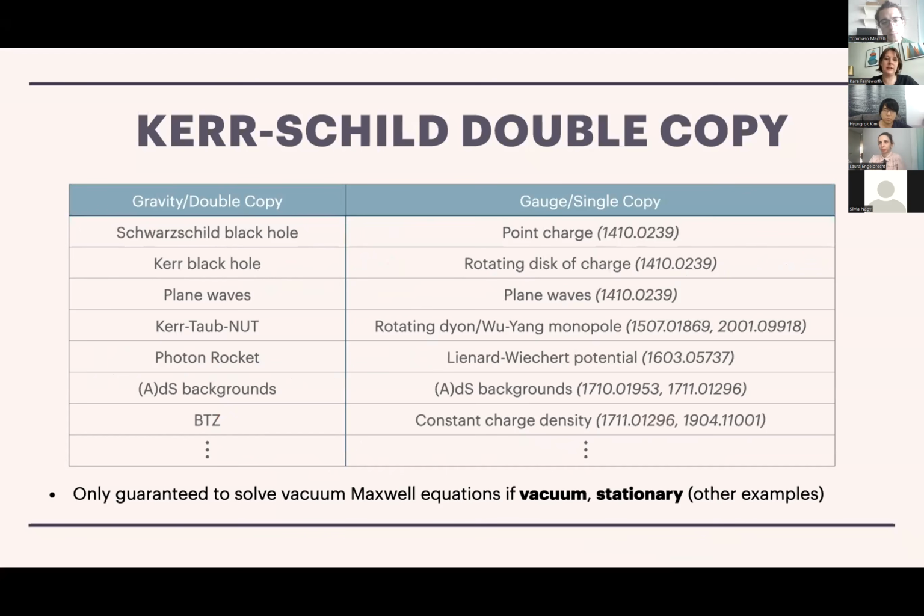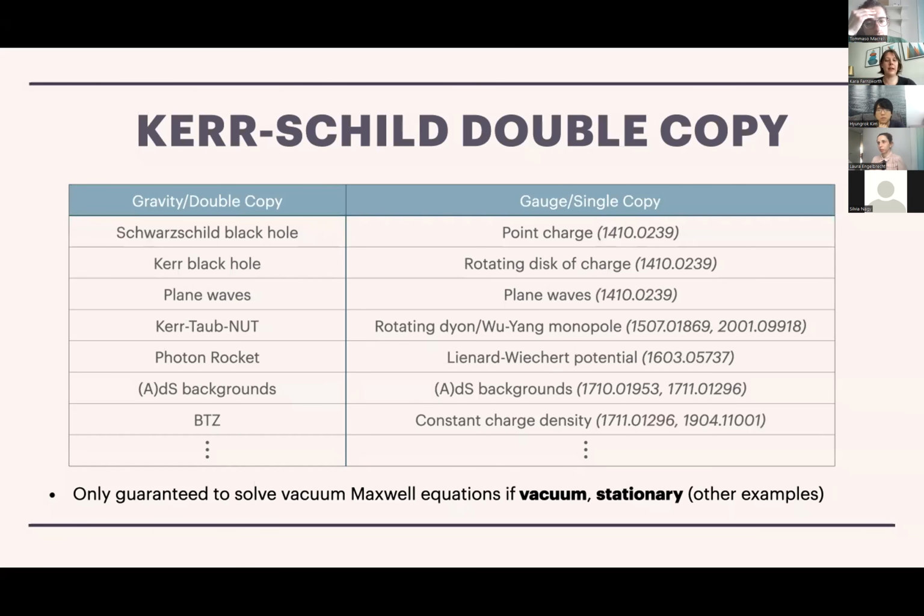And people have looked at a lot of different solutions and mapped them using this Kerr-Schild double copy. Schwarzschild maps to a point charge, a Kerr black hole maps to a rotating disk of charge. You can look at plane waves on both sides and they map to each other. Kerr-Taub-NUT, which has an extra NUT charge in your theory, so you have a mass and a NUT charge, and Kerr, so it's rotating, maps to a rotating dyon, so you have electromagnetic charges over there.